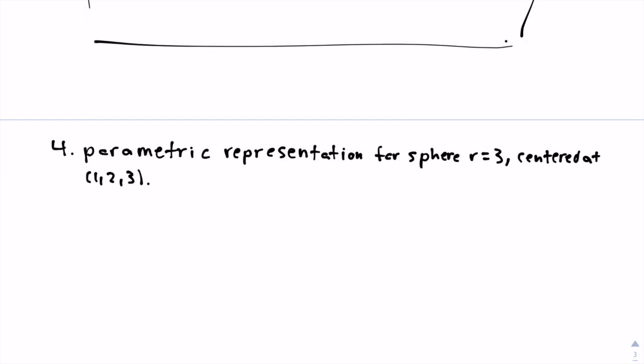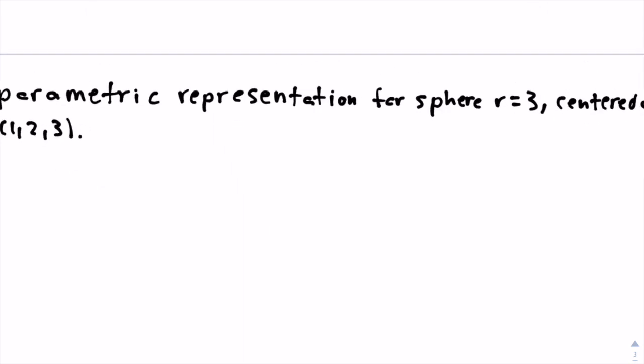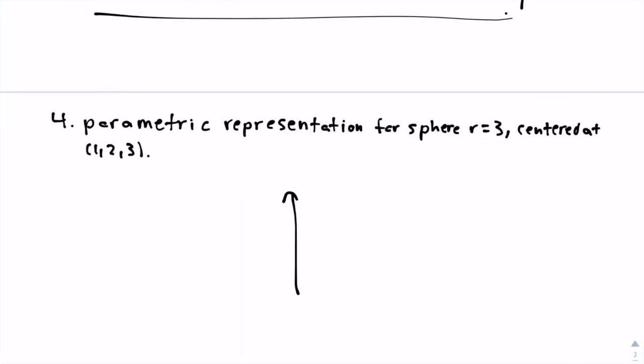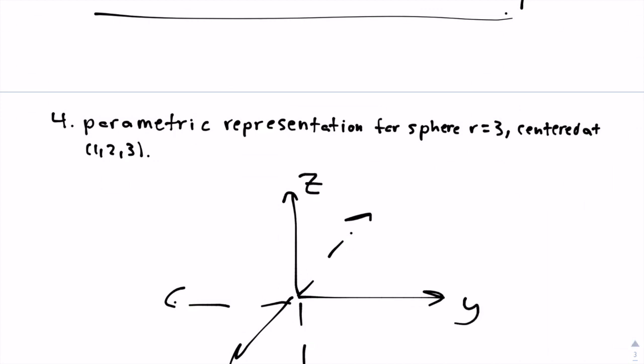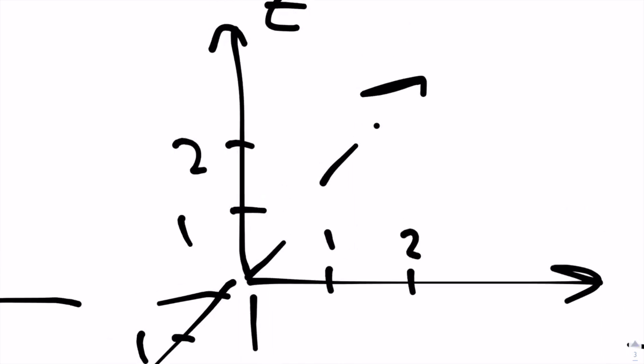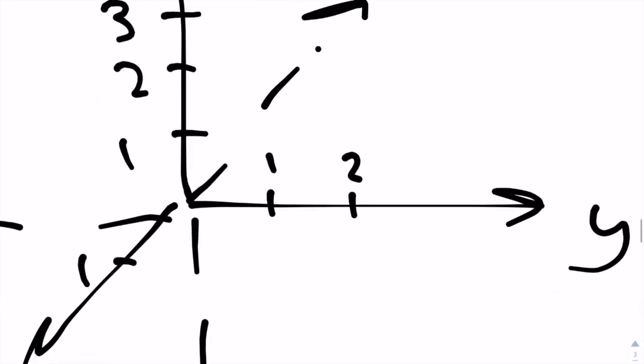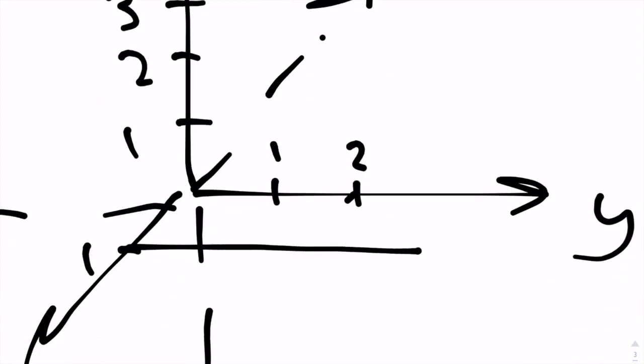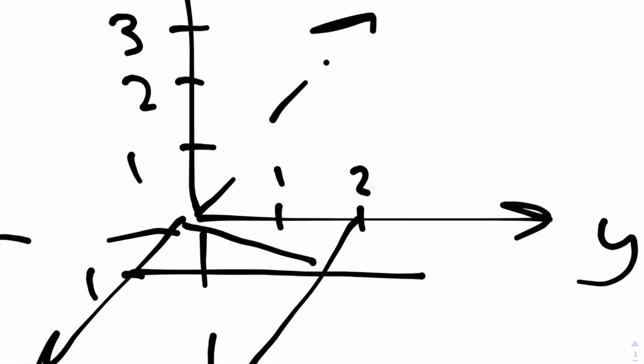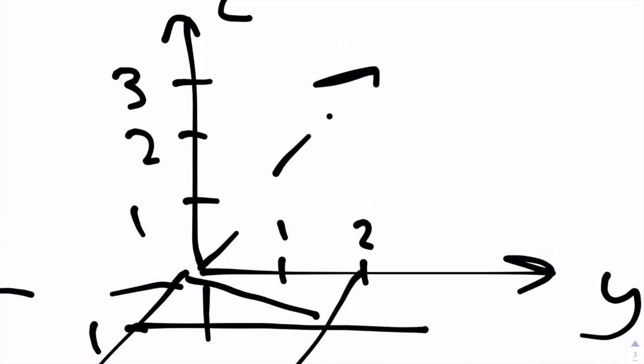And before we do anything, I'm going to go ahead and draw our surface for us. So to do this, we're going to have to draw our 3D coordinate plane, x, y, z, and we're going to graph our point 1, 2, 3, which our sphere is centered at. So let's define this to be 1, this to be 2, and there we have 3. So to graph this, we're going to find first our point in 3D space.